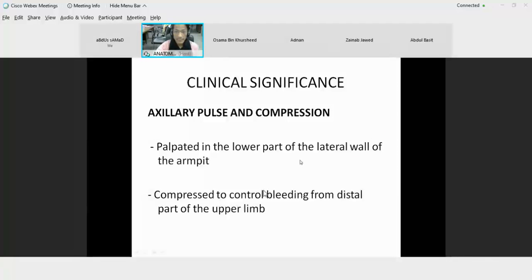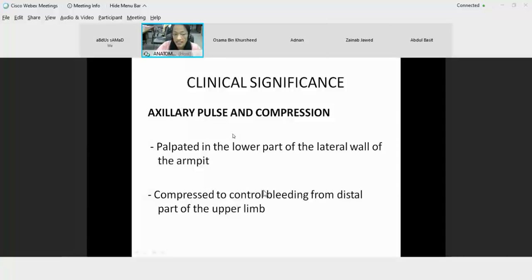Coming to clinical significance, axillary artery pulsation can be felt at the lower part of the lateral wall of the axilla. In that same region, this axillary artery can be compressed to control bleeding from the distal part of the upper limb. I have already said the axillary artery is continuing as which artery at the lower border of the teres major muscle?